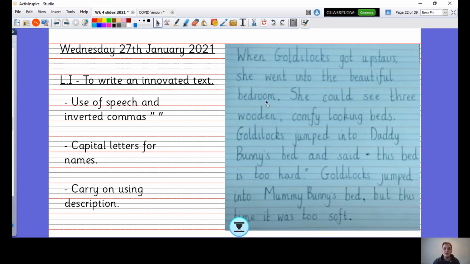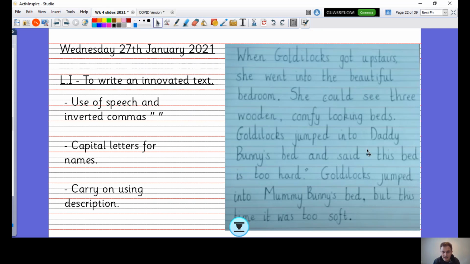When Goldilocks got upstairs, she went into the beautiful bedroom. She could see 3 wooden, comfy-looking beds. Goldilocks jumped into Daddy Bunny's bed and said, this bed is too hard. Goldilocks jumped into Mummy Bunny's bed, but this time it was too soft. And you can see some of the things that I've tried to include are the use of speech and inverted commas.